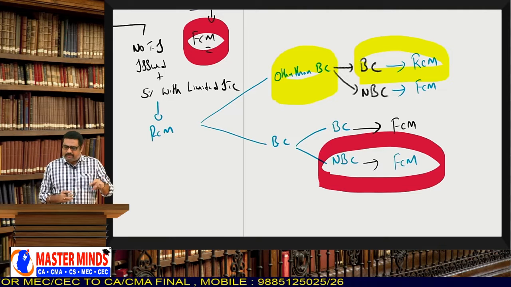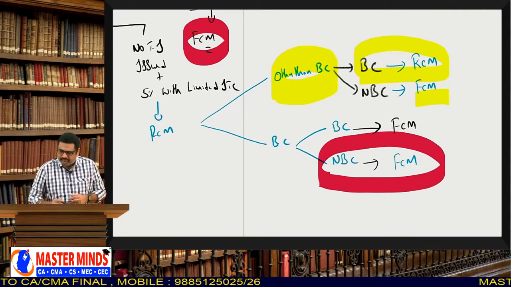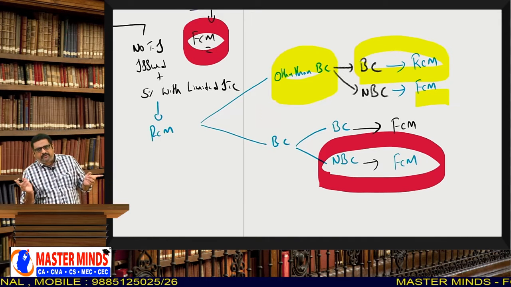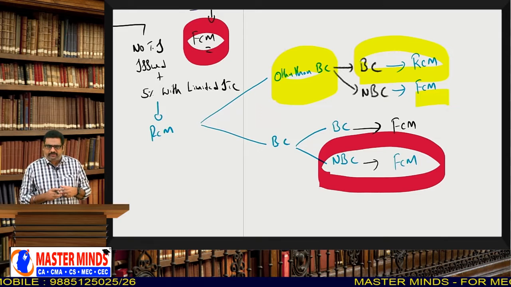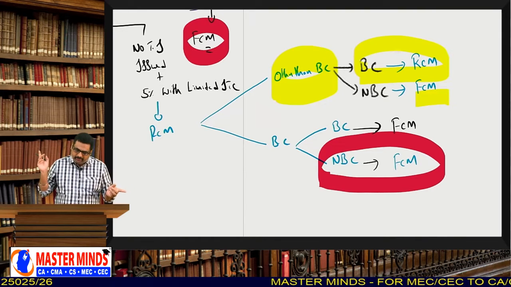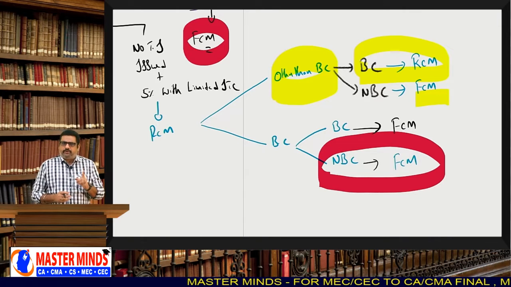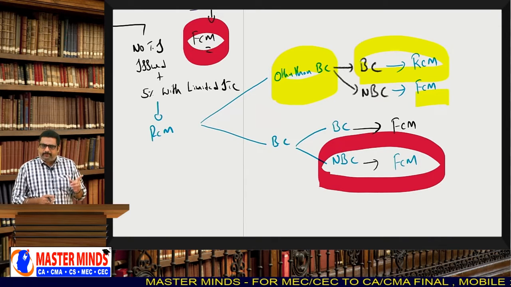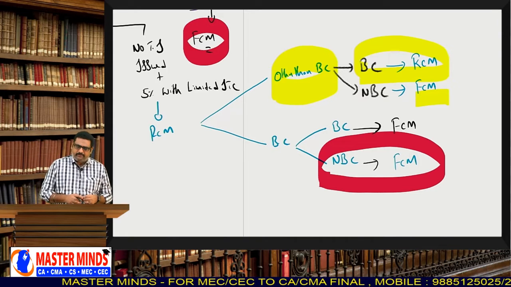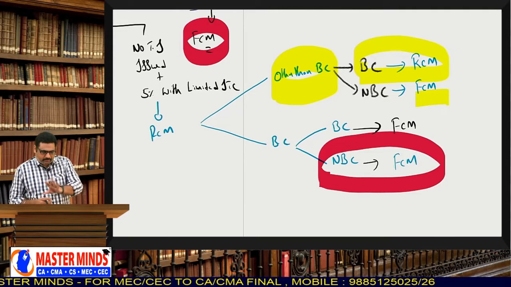If the supplier is a person other than a body corporate and the recipient is also a non-body corporate, then FCM is applicable. If the supplier is a body corporate and the recipient is also a body corporate, then also FCM. If the supplier is a body corporate and the recipient is a non-body corporate, then also FCM. So the one and only case in which RCM is applicable is when the supplier is a person other than a body corporate and the recipient is a body corporate.